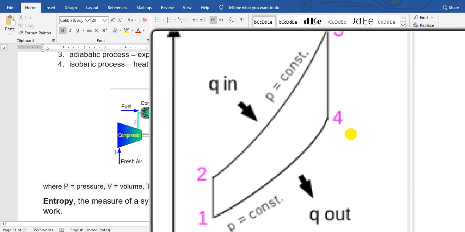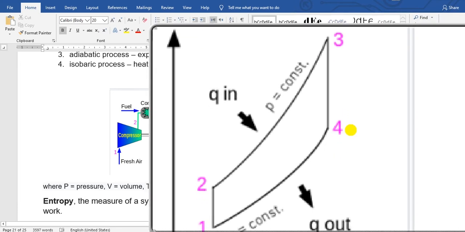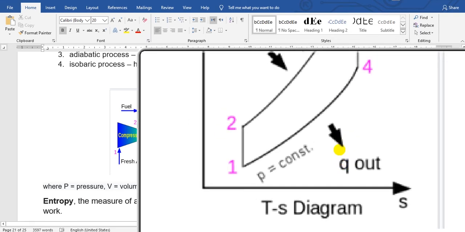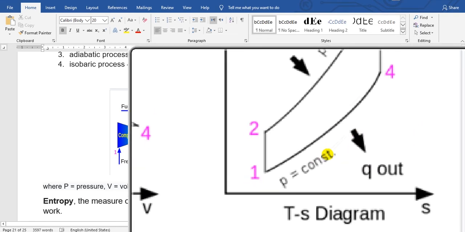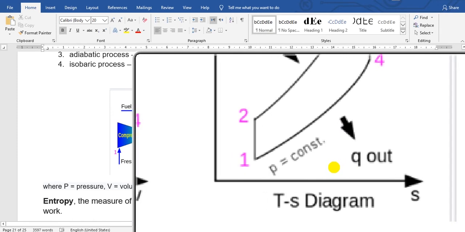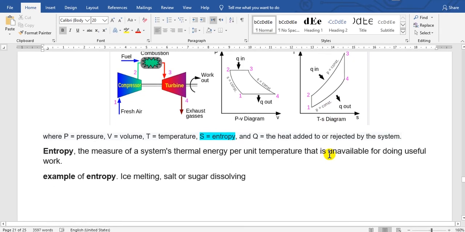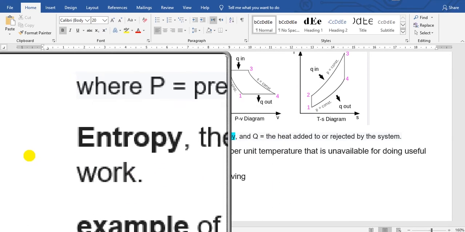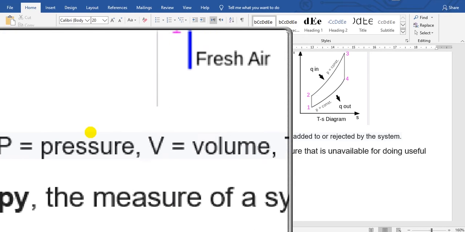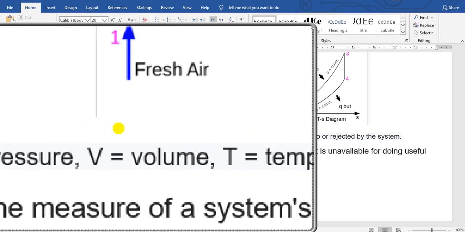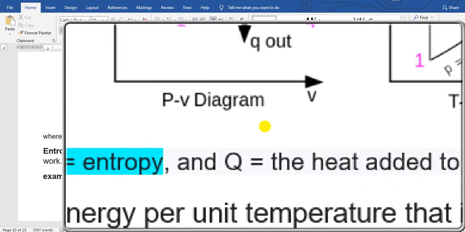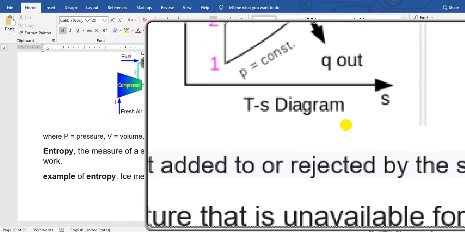From point 3 until 4, the temperature decreases. And from 4 to 1, the heat is out. This is the Ts diagram. Look here: P is pressure, V is volume, not velocity, T is temperature, S is entropy, and Q is the heat added or rejected.